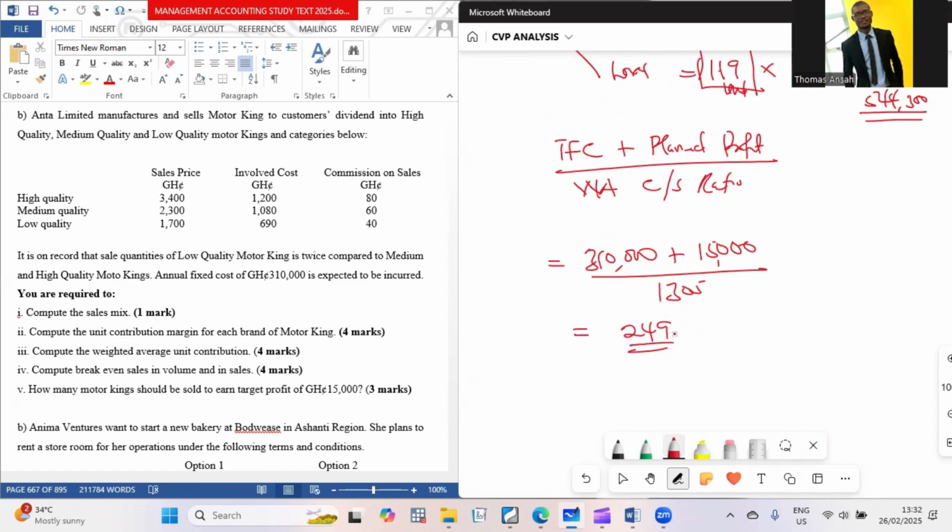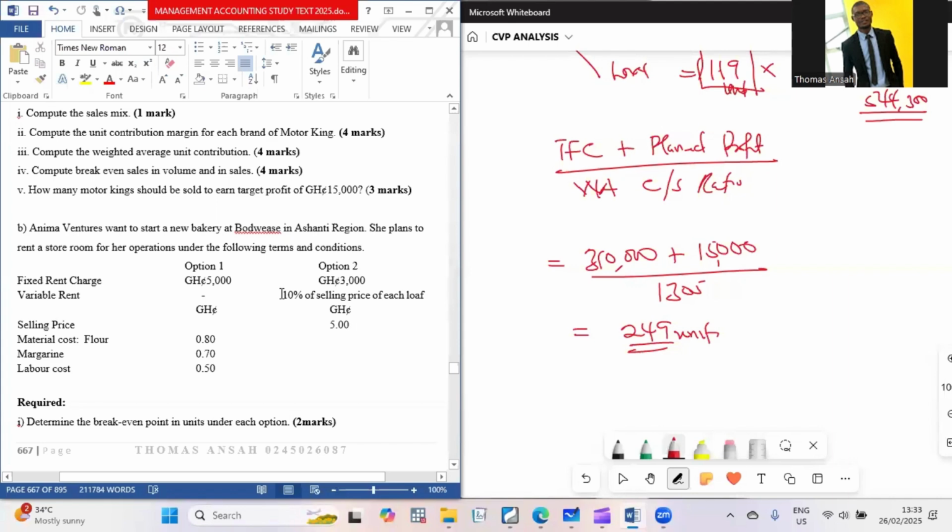Okay. So basically, this is it. All right. So how many motorcades should be sold? We are looking at this. All right. So basically, that is it. This is how you go about it. Okay.